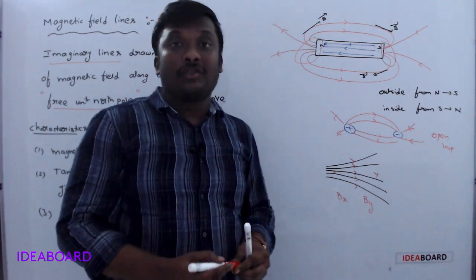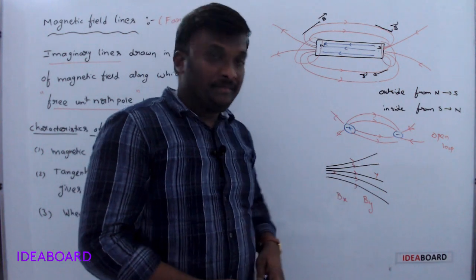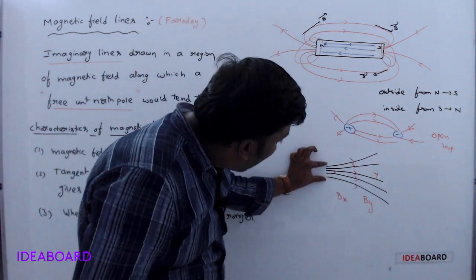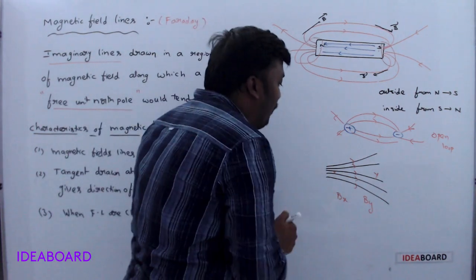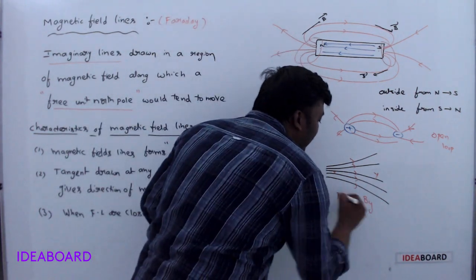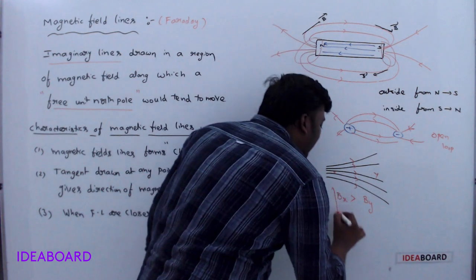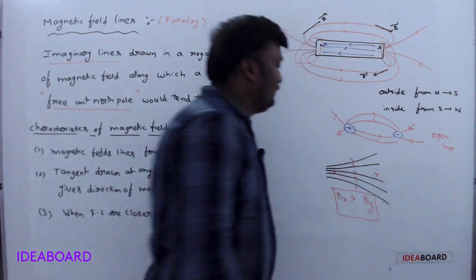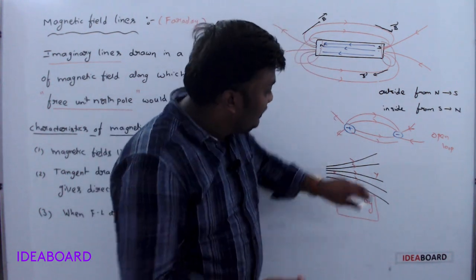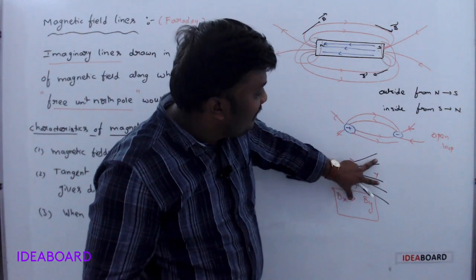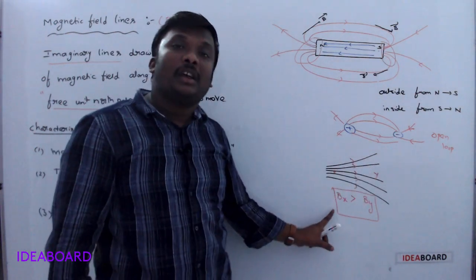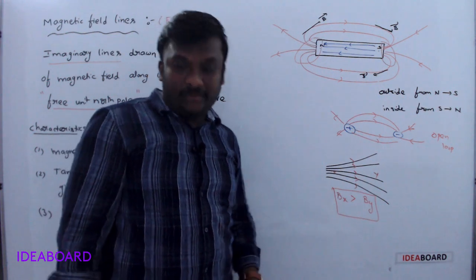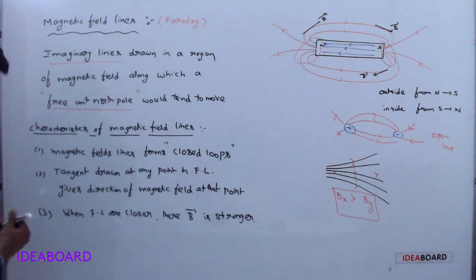Where the magnetic field is strong, where the magnetic field is weak. See here all the lines are close to each other. So at this point x, the magnetic field is more compared with the point y. Because at point y, see, the magnetic field lines move apart. So here the field is less, here the field is more.